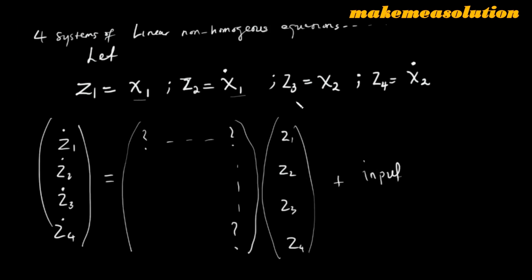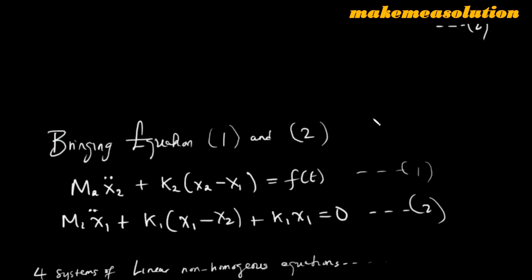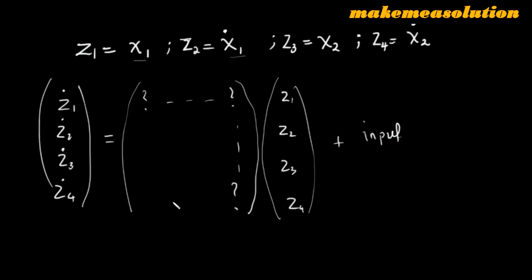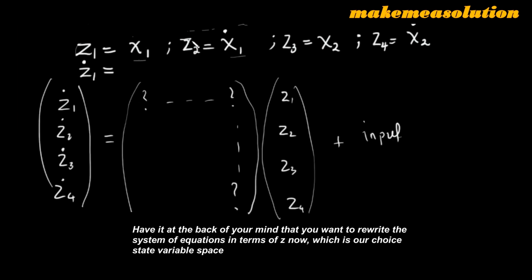We are going to use the information from the systems of equations we have to populate our state matrix. Meanwhile, z1 dot corresponds to x1 dot. If you differentiate both sides, it will be x1 dot, and this is simply z2. So z1 dot, the derivative of the displacement, gives you the velocity, z2, which is the velocity of this state.